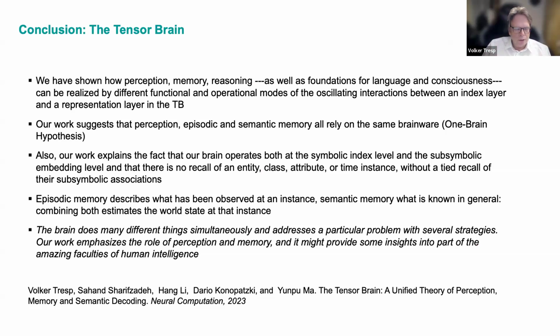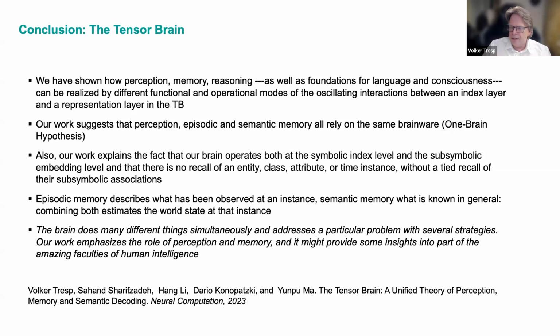So there's no symbolic recognition without some sort of embedding or embodiment, and vice versa. If you have an embodiment, it's automatically embedding. It's almost always decoded into triples, into indices, into symbolic representation. But finally, maybe the statement.